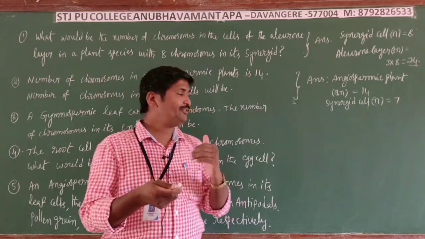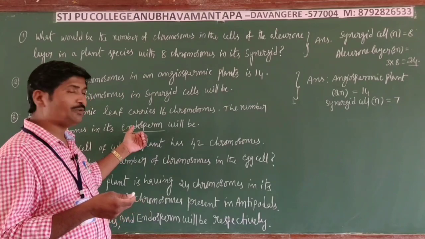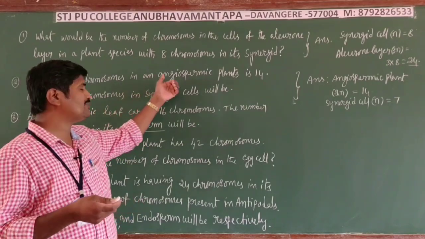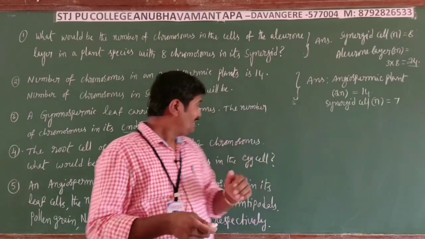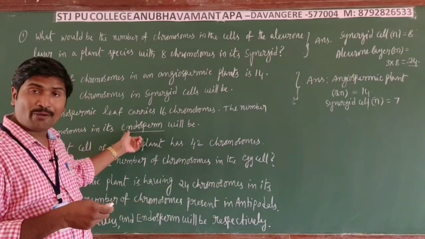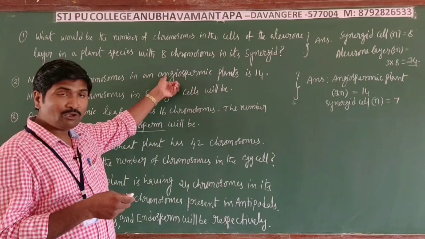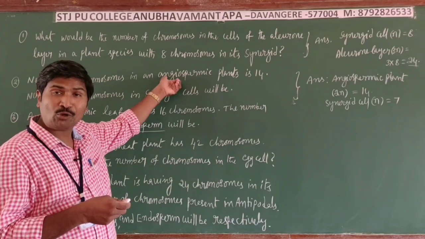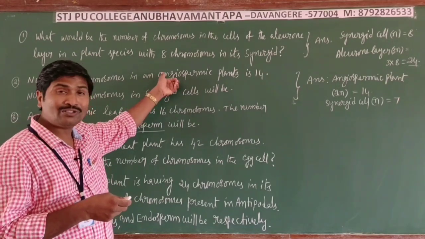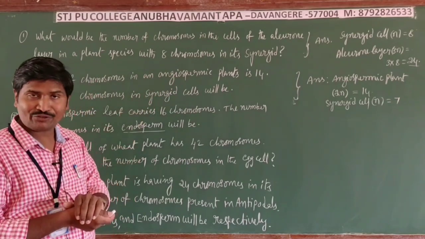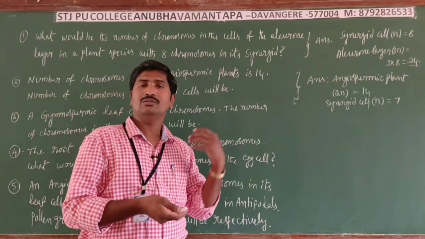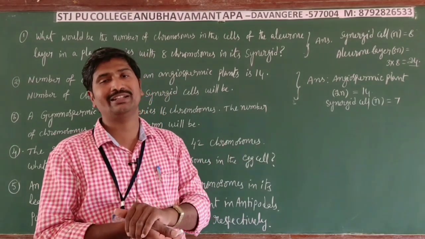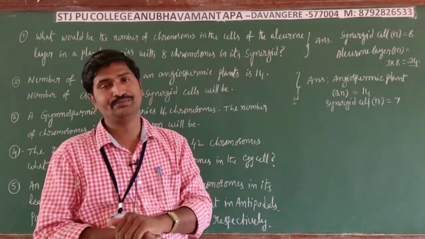So what is the main difference between the endosperm in gymnosperms and angiosperms? In gymnosperms it is haploid. In angiosperms it is triploid. It is a post-fertilization product in angiosperms, while in gymnosperms it is a pre-fertilization product.